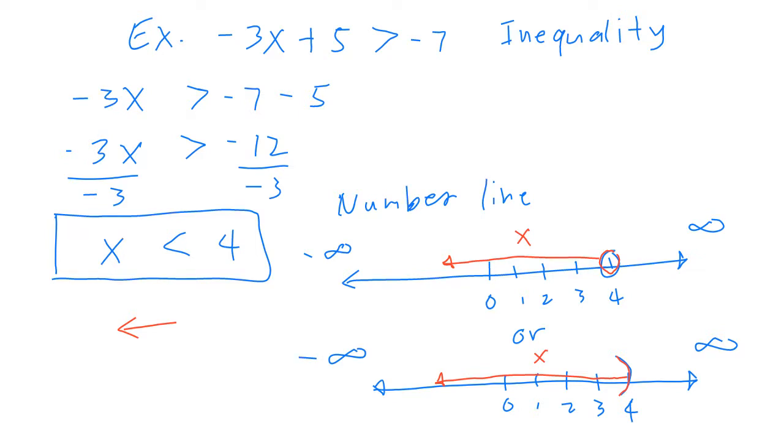So either of the two for the number line. So we can use that one. Okay, and for set interval notation, you can write this as negative infinity going to 4 in parentheses, and you can have that as your final answer. And that's the one that's going to be in the solution set.